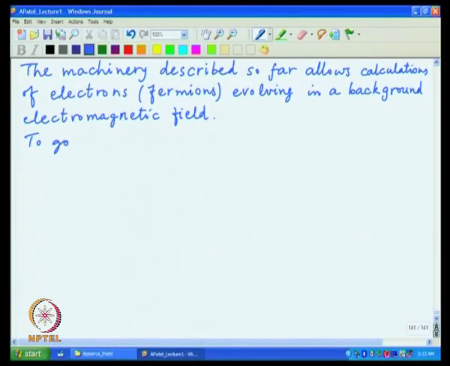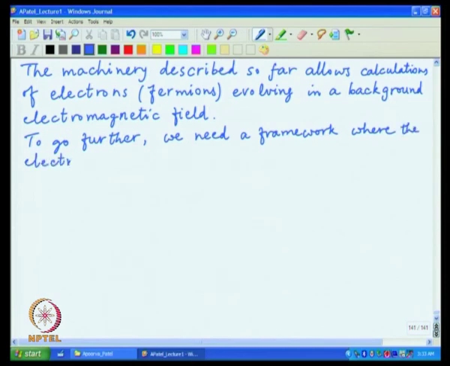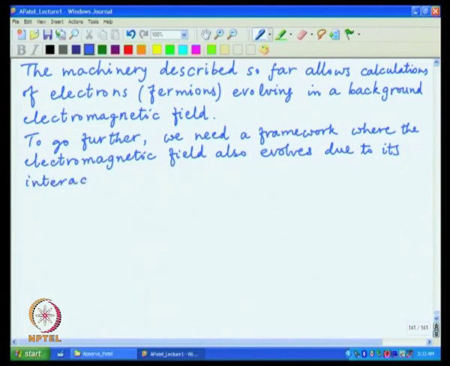To go further, we need a more general framework, where the electromagnetic field also evolves due to its interaction with charged particles.